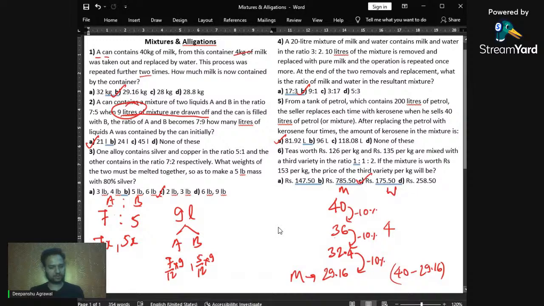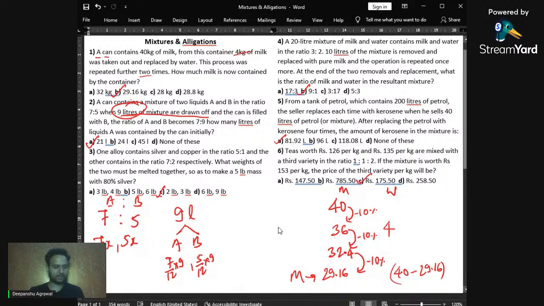Right. So out of that 9 liters, we have 7 by 12 into 9 and 5 by 12 into 9. Correct? These are the two parts out of the 9 liters which we have.